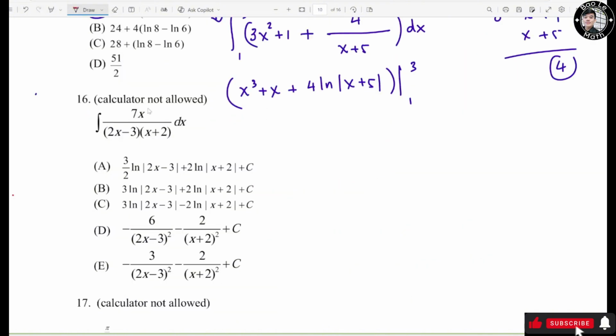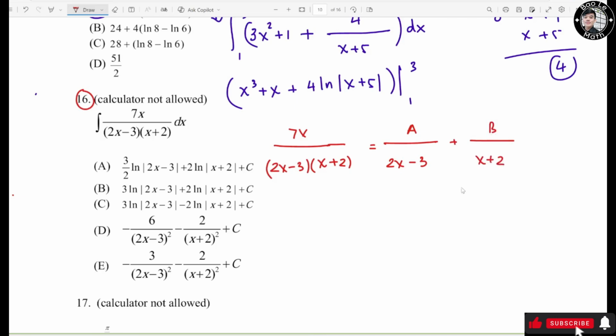Now question 16, we're going to use partial fraction decomposition. So we have 7s over 2s minus 3 times s plus 2 equals, look at the bottom right here, we have two linear factors, right? So the top should be a over 2s minus 3 plus b over s plus 2, right?